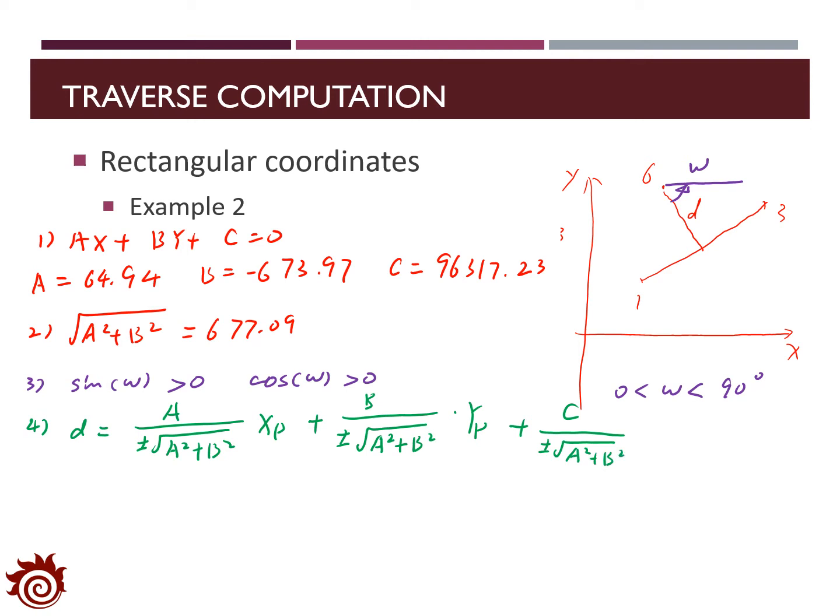This also equals xp cosine omega plus yp sine omega plus letter b times sine omega.